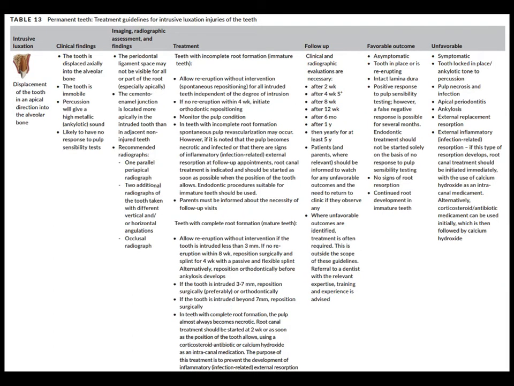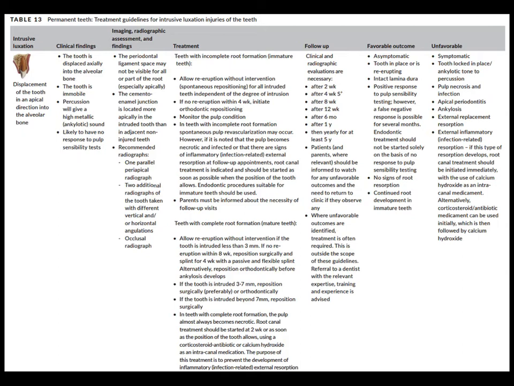Then we have intrusive luxation. That means the tooth has been driven inside the socket, so it will appear shorter. And in the radiograph there will be no periodontal ligament space. So the treatment, if it is incomplete root, that means the apex is open, usually it re-erupts within 4 weeks.